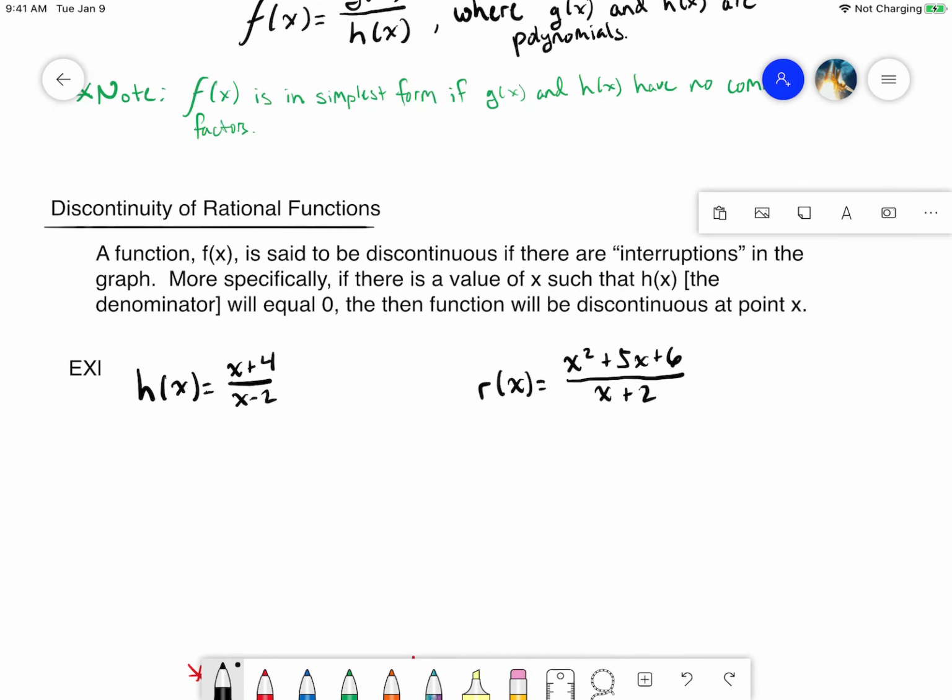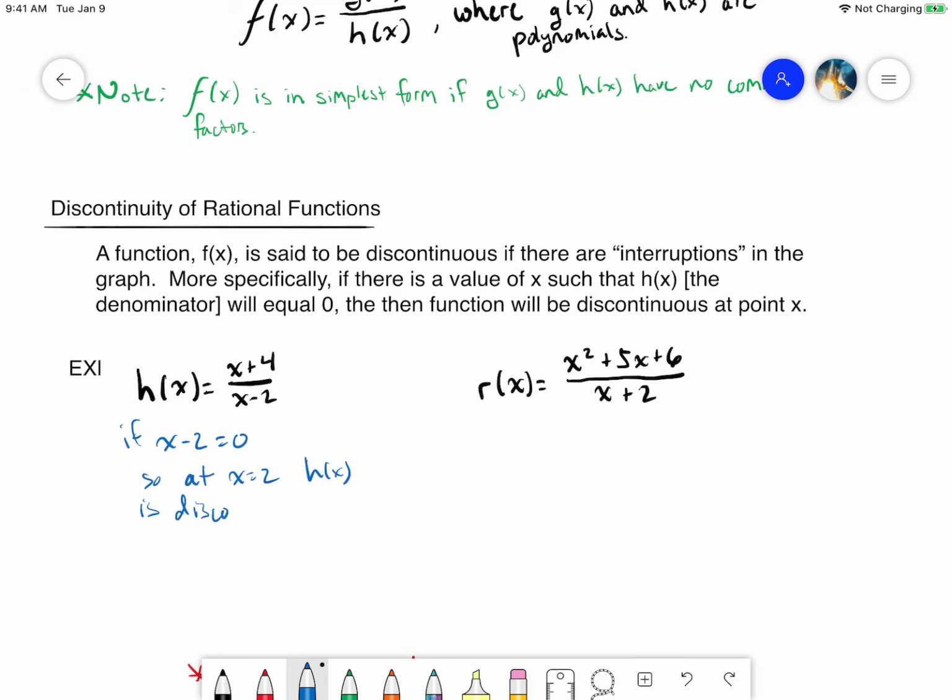So for example, how do we tell these algebraically? For example, h of x on this first one, we know that if x minus 2 equals 0, this function will essentially blow up. It'll have a point of discontinuity. So at x equals 2, h of x is said to be discontinuous.